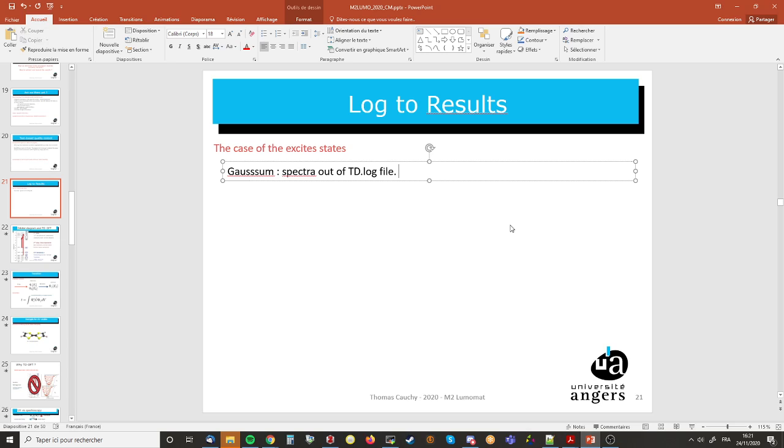It's quite easy. You download it, it's a graphical interface. You open your TD log, it reads it, you set your Gaussian width at half maximum, and it generates the spectra.